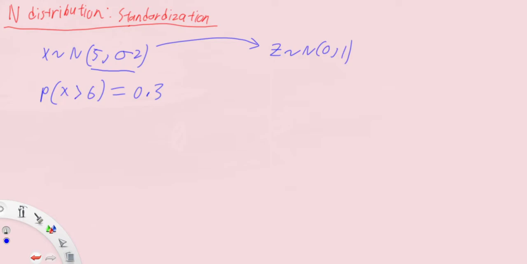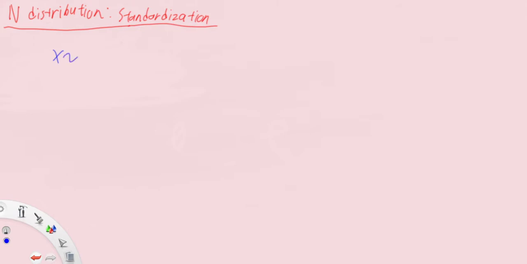Let me backtrack a little and show you how standardization is actually done. We begin with a more generic example. Say X follows a normal distribution with mean mu and variance sigma squared, and you want to end with the standard distribution of Z, (0, 1).